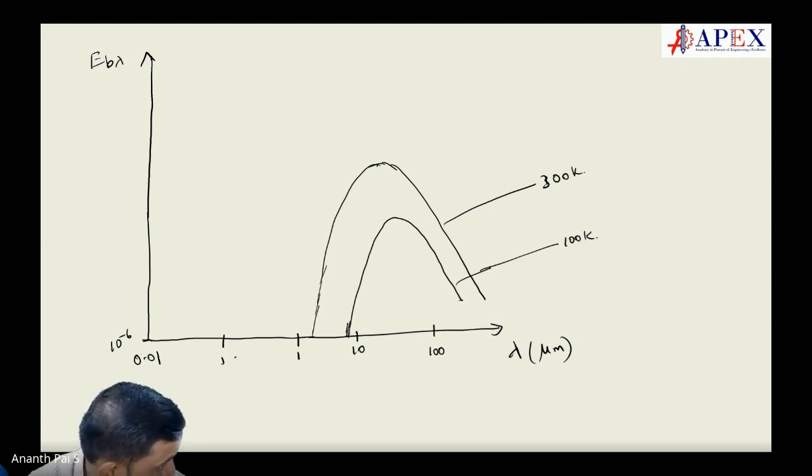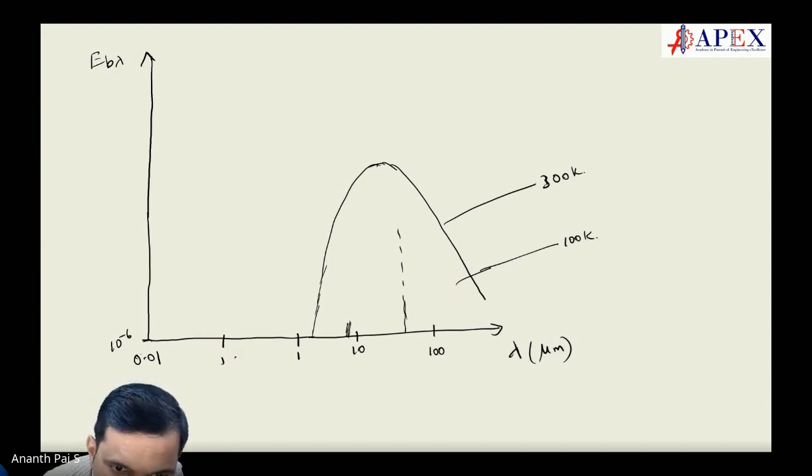The maximum wavelength emitted at the lower temperature corresponds to this. I'm not saying it precisely; it's around more than 10 but less than that. Don't put a very strong value on this, because you have to calculate where the maximum is. We will see how we calculate the maximum.